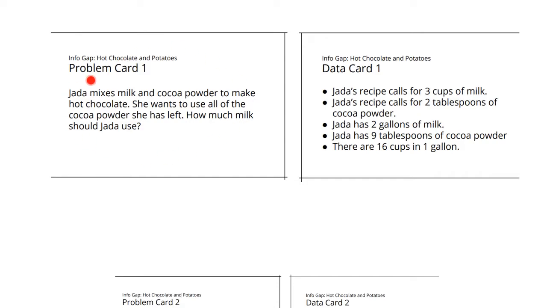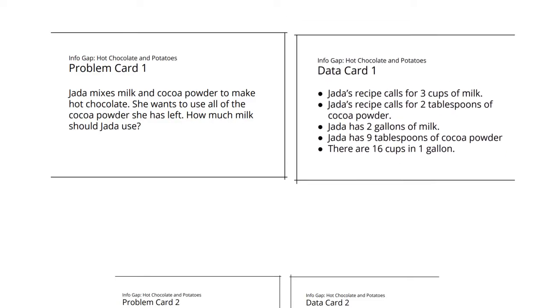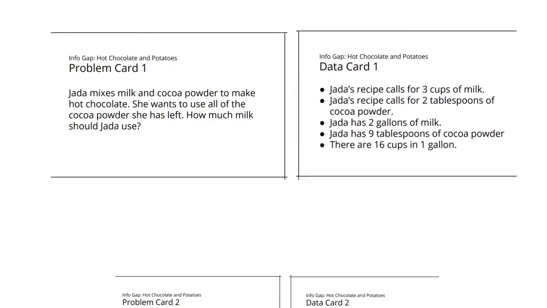So the problem student is going to read her card, and she wants to use all the milk and the cocoa. Okay, how much milk should Jada use? And so this problem student needs to read through the information and ask the data kid some questions. The data kid might start the conversation by saying, what information do you need to know?